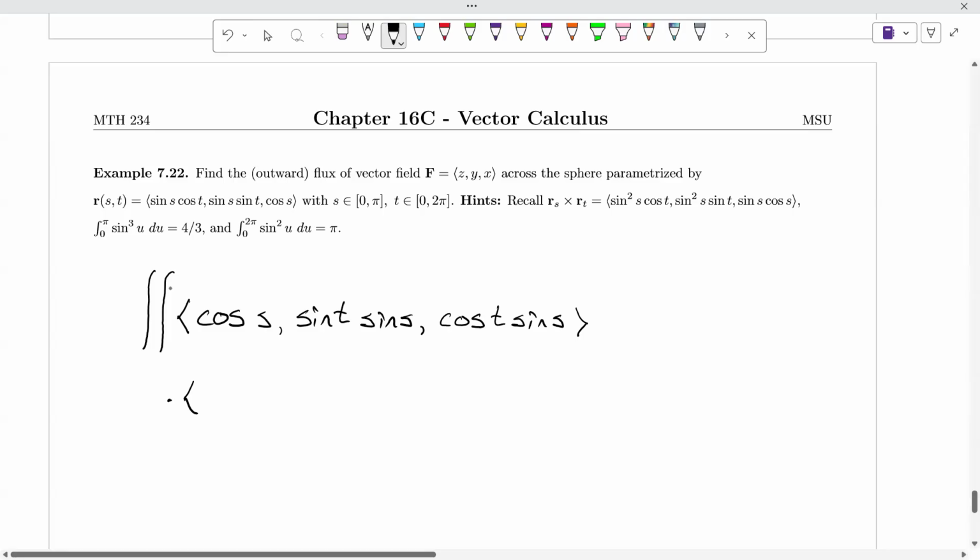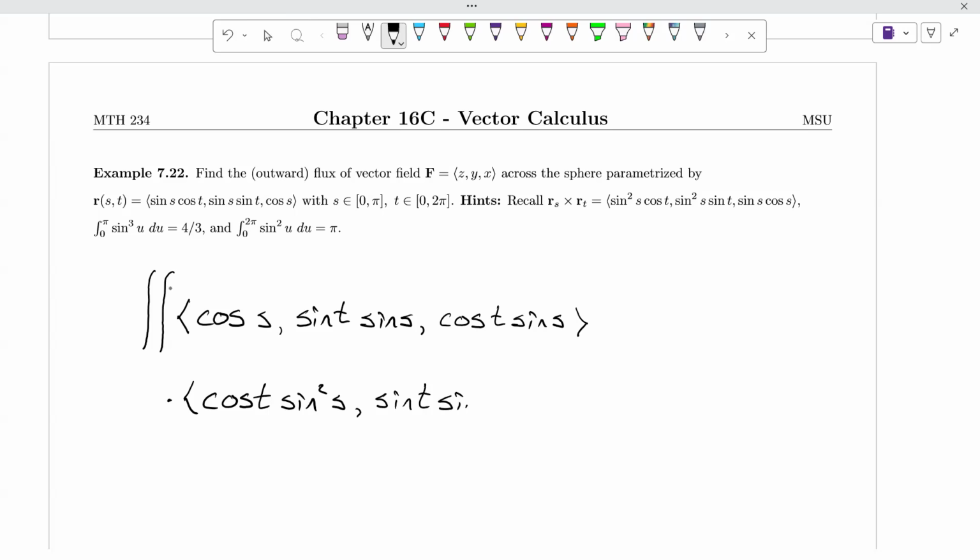It should be cosine T sine squared S, sine T sine squared S, and sine S cosine S. I'm going to write a cosine S sine S just to stay consistent with being different.